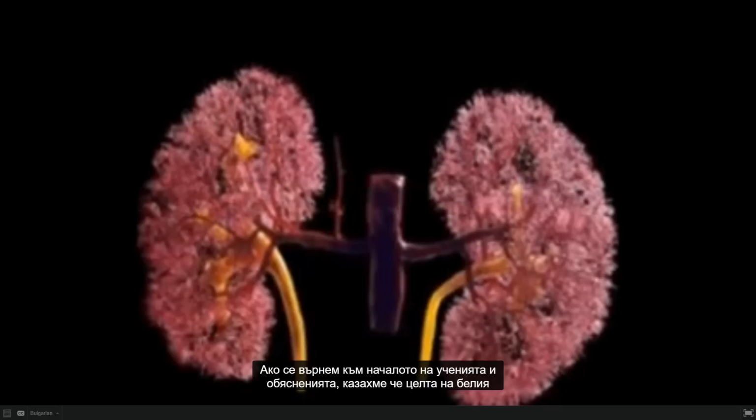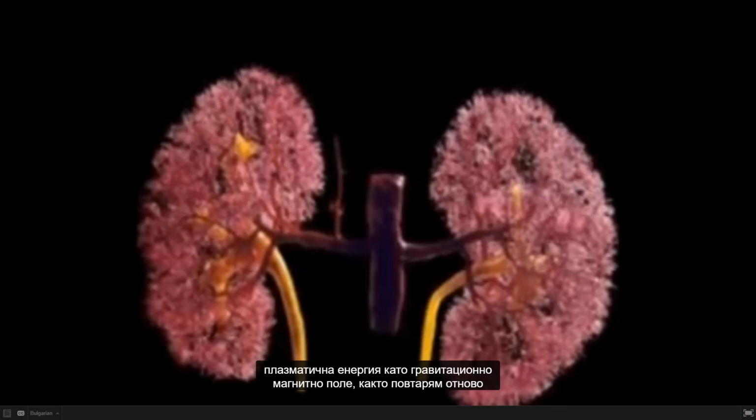If we go back to the beginning of the teachings and the explanations, we explained that the purpose of the lung was to convert matter which arrives in a GANS state to energy, plasmatic energy, as a gravitational magnetic field.